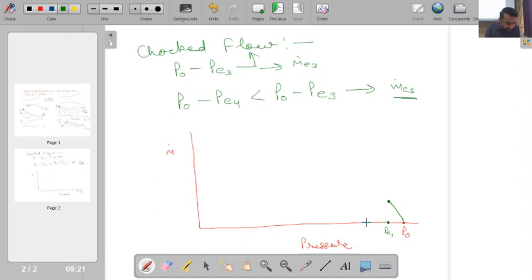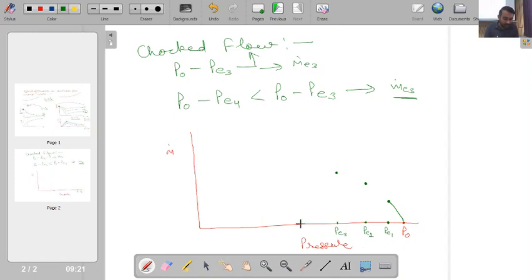When I go to another exit pressure PE2, then I will have a somewhat higher mass flow rate. When I go to pressure PE3, then I will have a slightly higher mass flow rate. So this is corresponding to PE3.